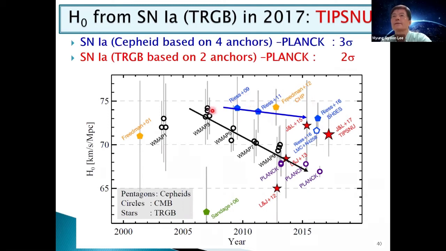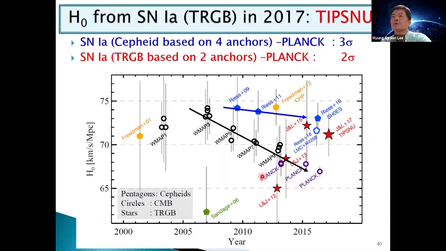On the other hand, the black circles show the CMB, the beginning part based on WMAP, and the purple ones are Planck ones. So the CMB value of H0 kept increasing over the past decades to the current values here. And Cepheid calibrated supernovae stay almost constant or slightly decreased.